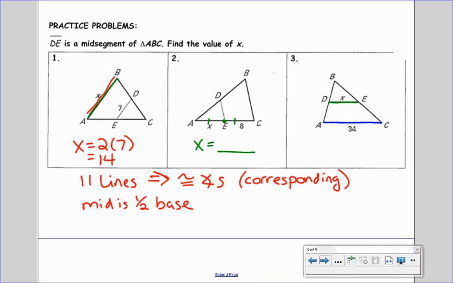Two of these make, oh, I wanted to split those up. Two of those make one of these. So x is equal to 34 divided by 2. What is that? I'm not going to tell you. All right, those are easy.